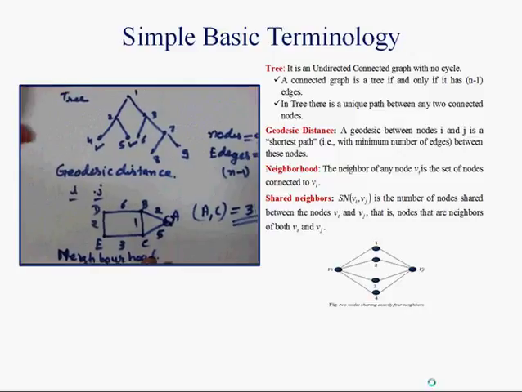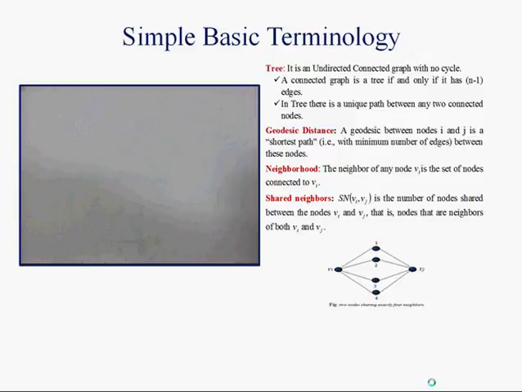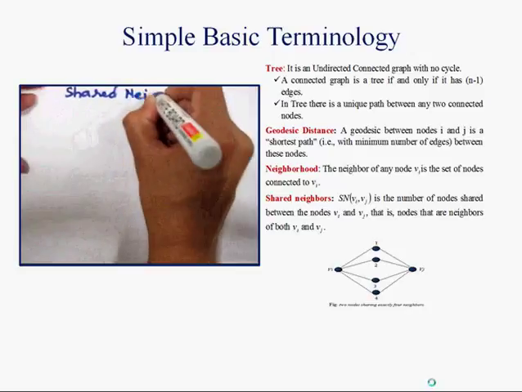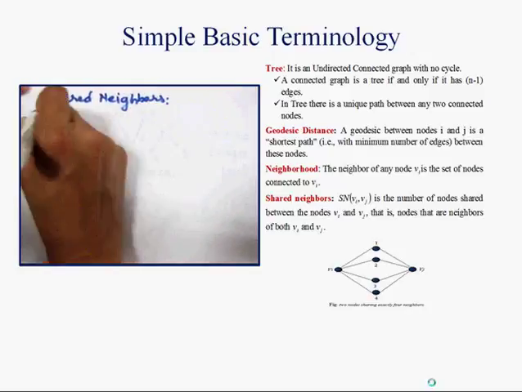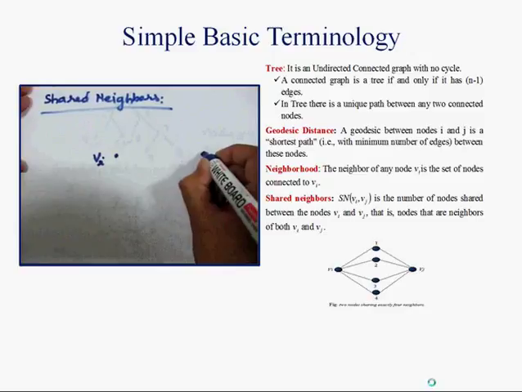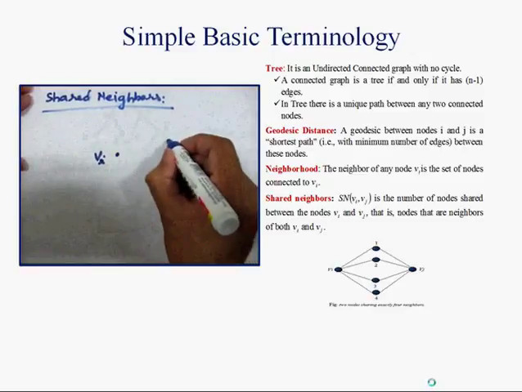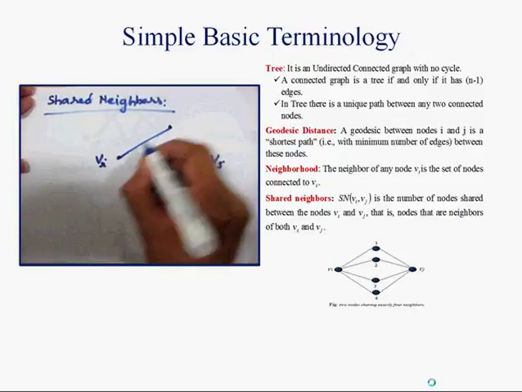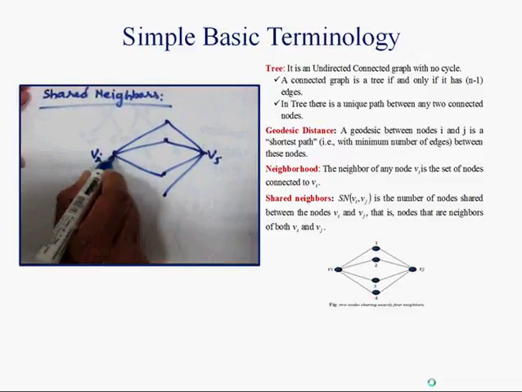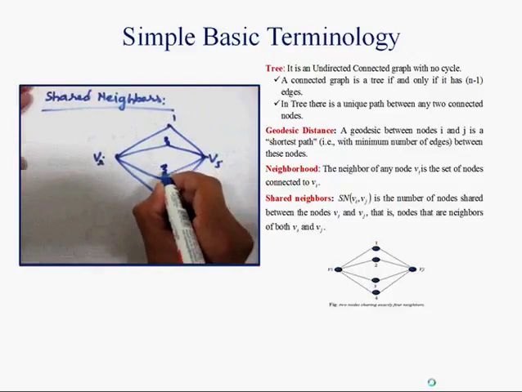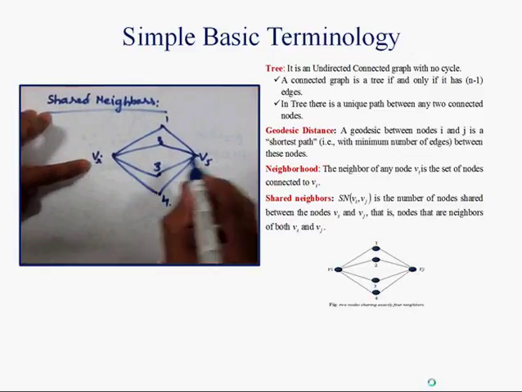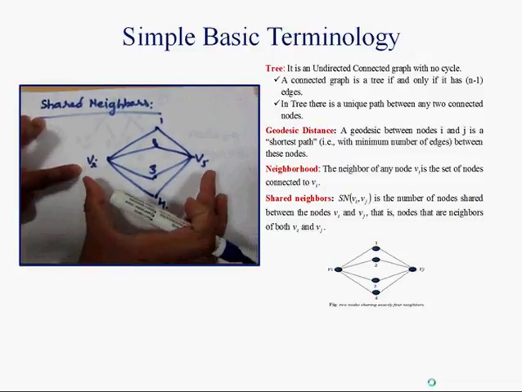Now another term is shared neighbors. Suppose we have a graph with nodes, then the shared neighbors between Vi and Vj is the number of nodes shared between the nodes Vi and Vj.